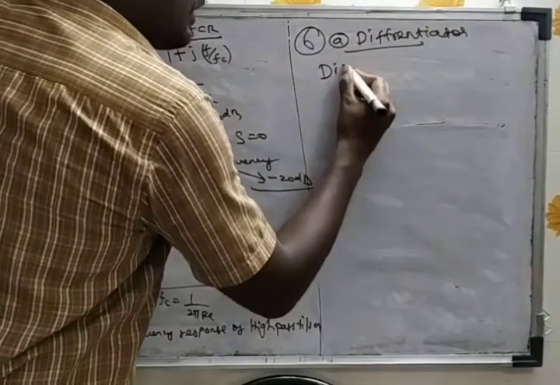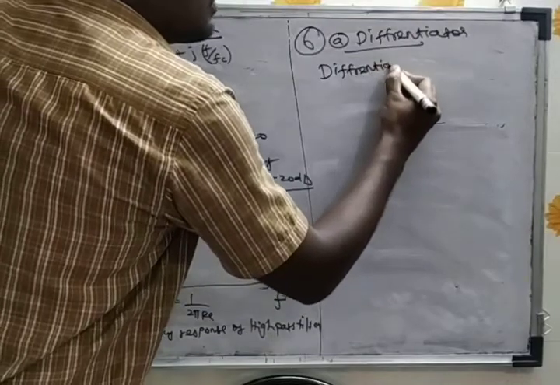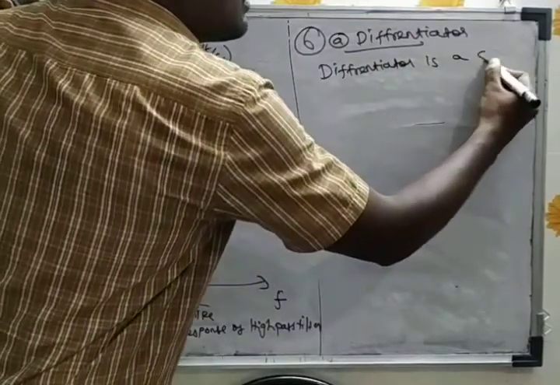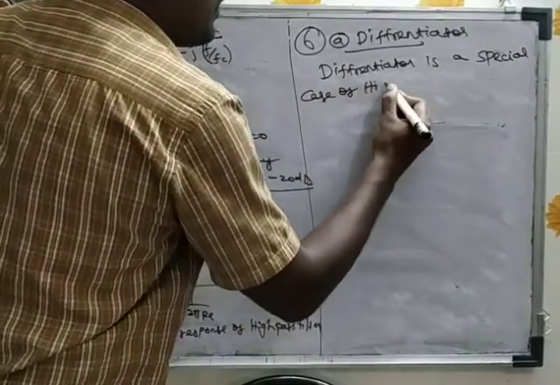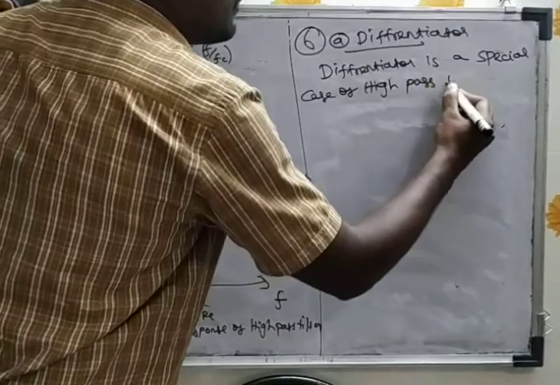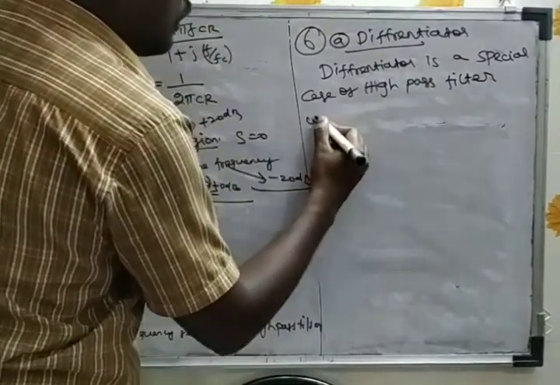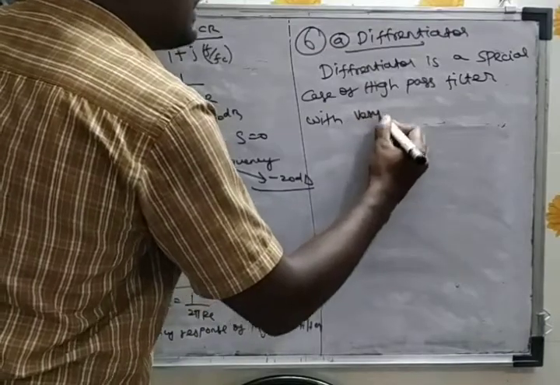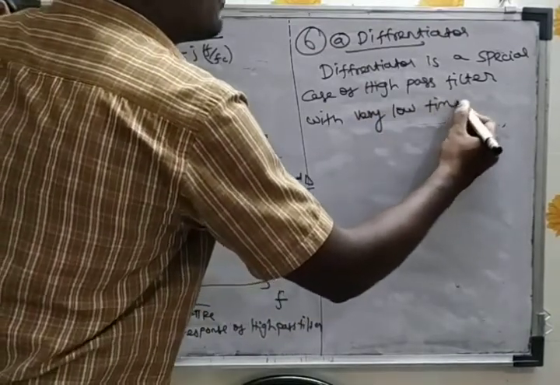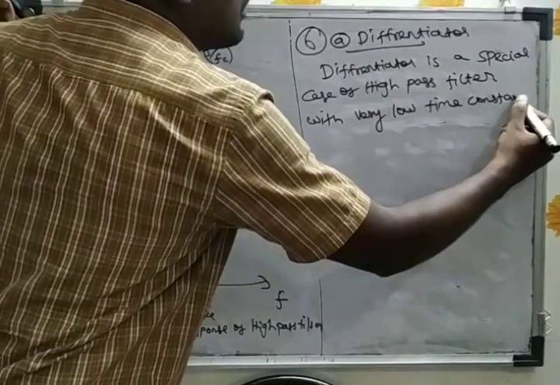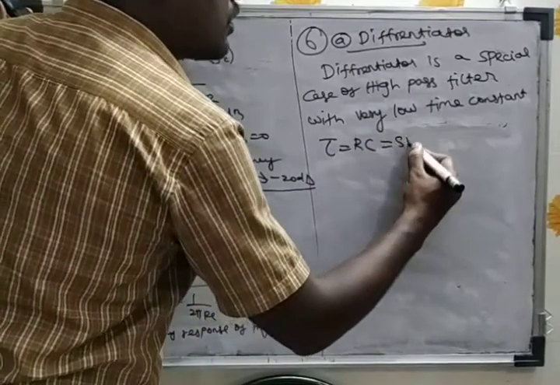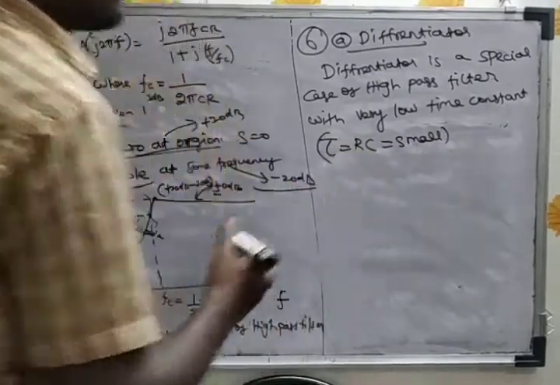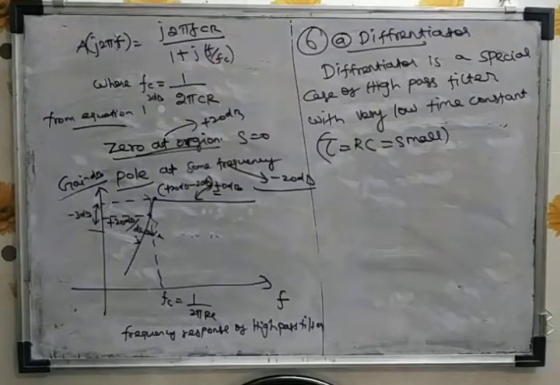A differentiator is a special case of a high pass filter with a very low time constant. That is, the time constant tau is equal to RC, small.